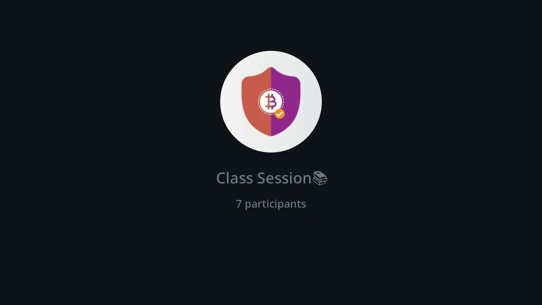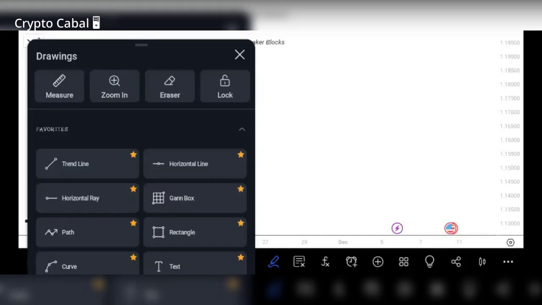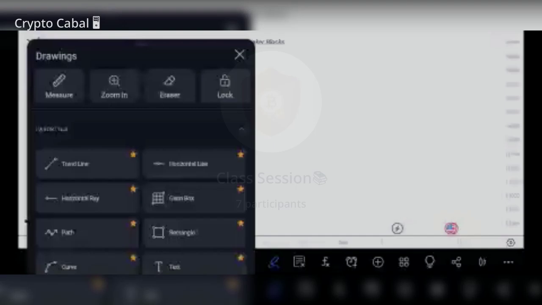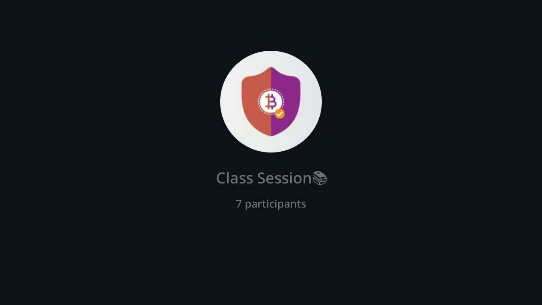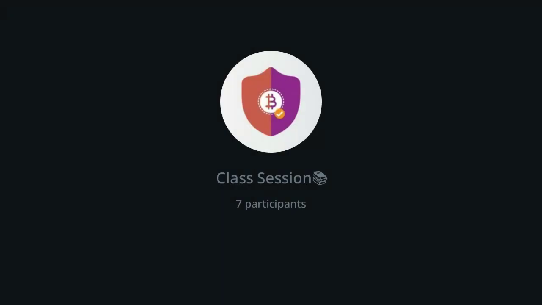All right, so now we are going to be talking about breaker blocks. What does breaker blocks mean to you? We refer to them as breakers. Now, in traditional trading, or retail concepts, it's the way we started trading. Initially in trading, we have some old concepts that are still in existence now, like support and resistance, chart patterns.